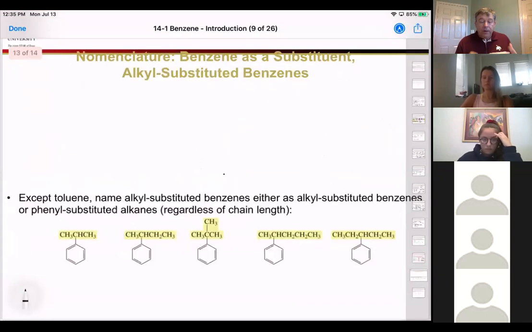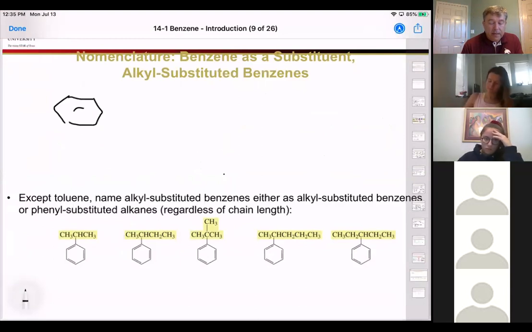When we have a benzene ring as a substituent, we call it the phenyl group. We saw this before when we were naming alkenes, with 2-phenylpropene, where it was a substituent because it wasn't named for the benzene ring.